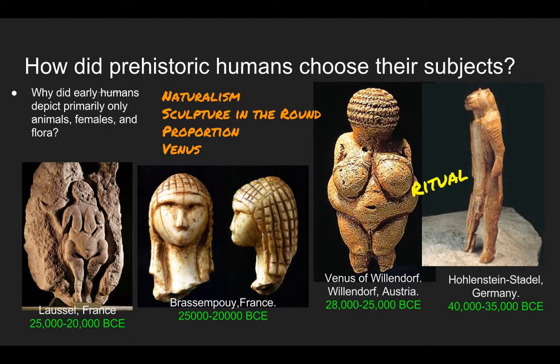Here, obviously, it's broken, it's damaged. But if you look at the Venus of Willendorf, her whole face they think is either a cap or her hair. So it's basically a non-specific or very stylistic sculpture, and it was used in ritual because of the exaggerated genitalia.